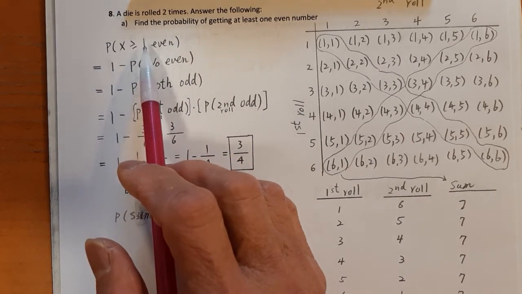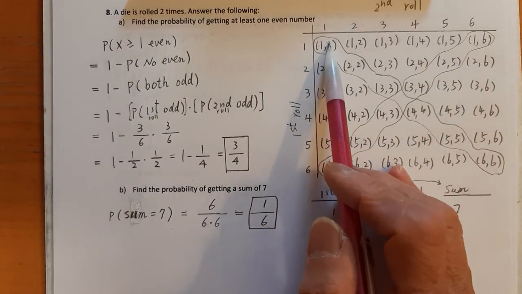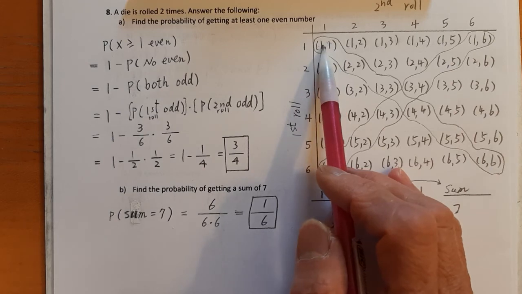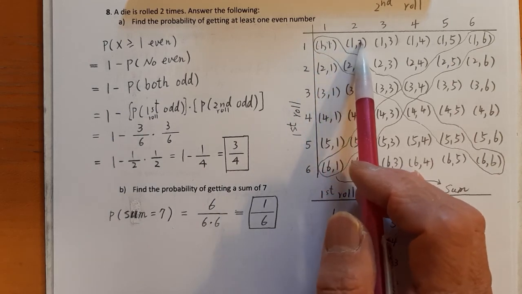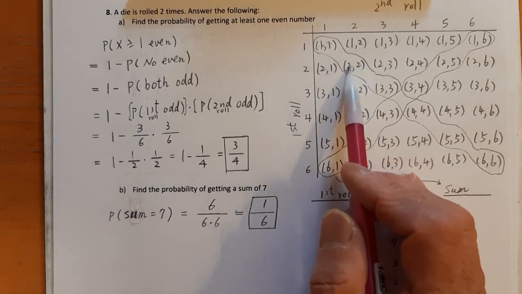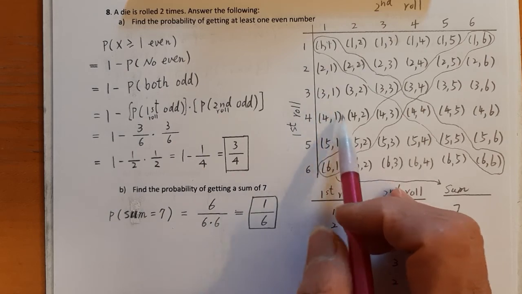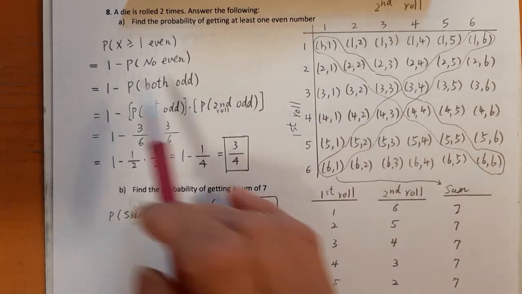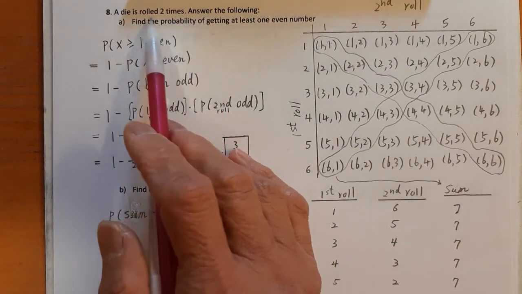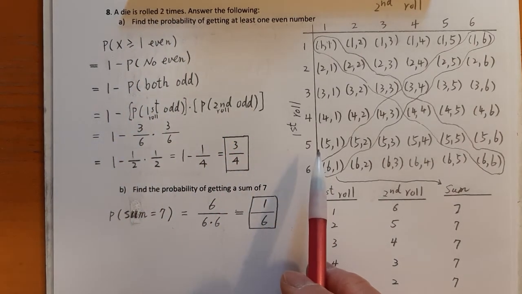You can have both odd, or 1 even number, or both even numbers. At least 1, if you roll 2 times and you will get 2 numbers.